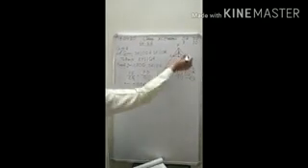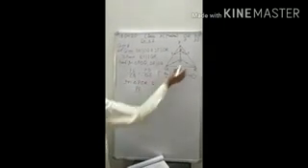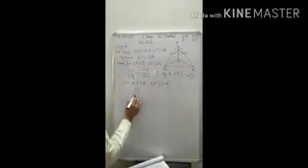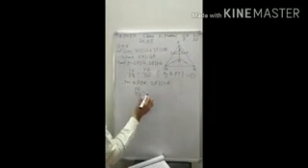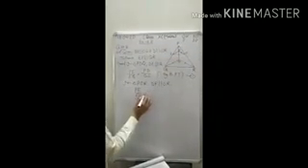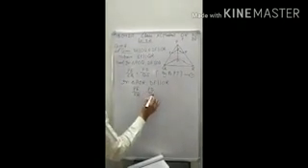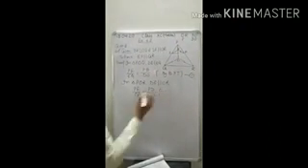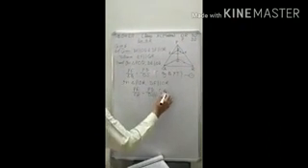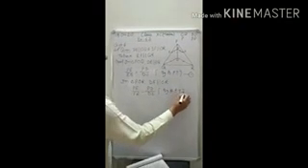It means PF upon FR is equal to PD upon DU. What is the reason for that? Again the same, by BPT. This is equation number 2.